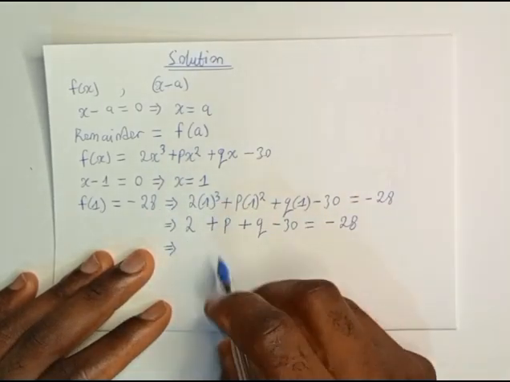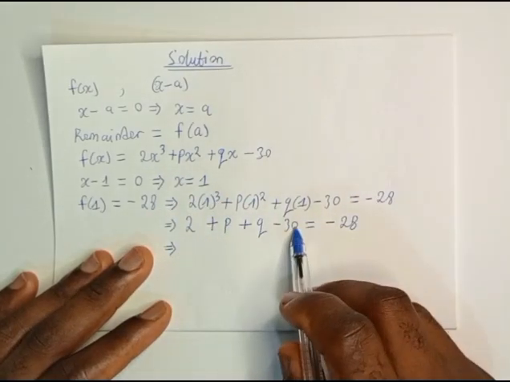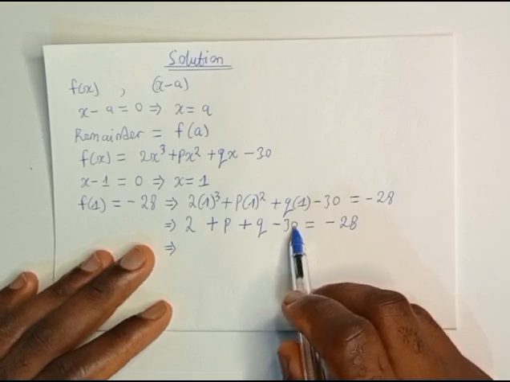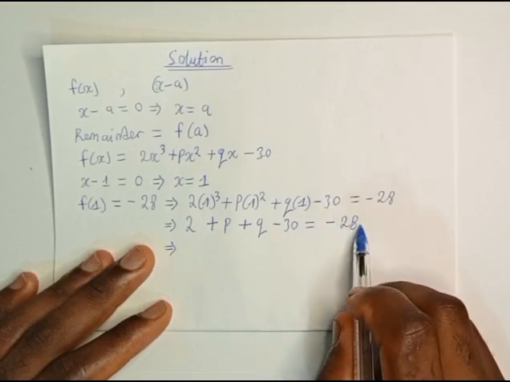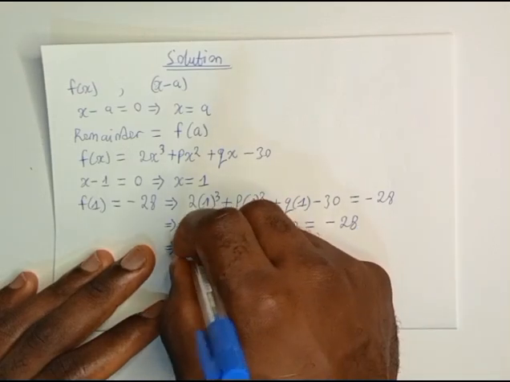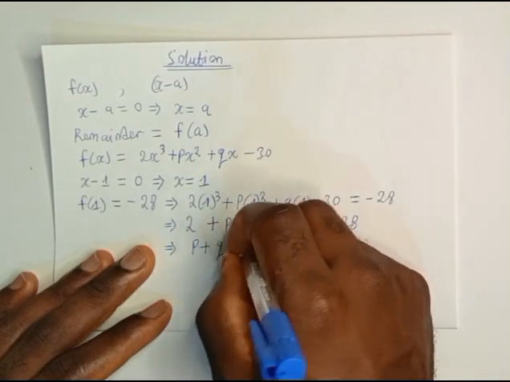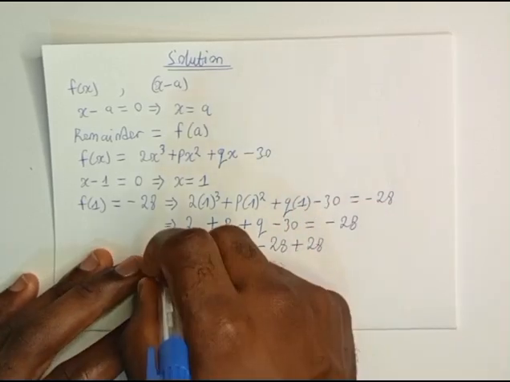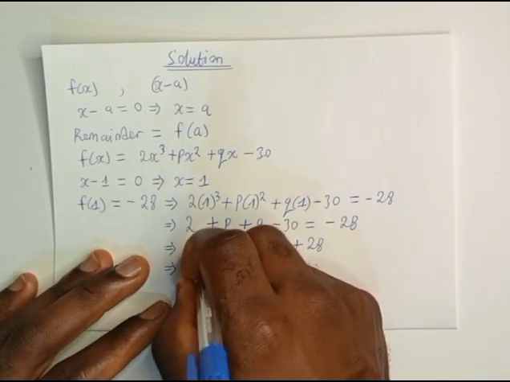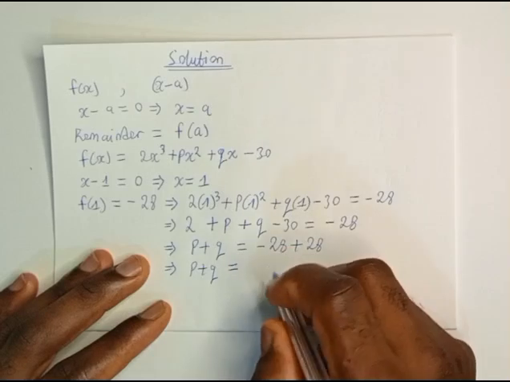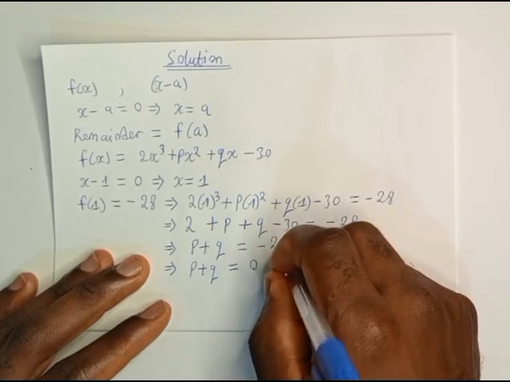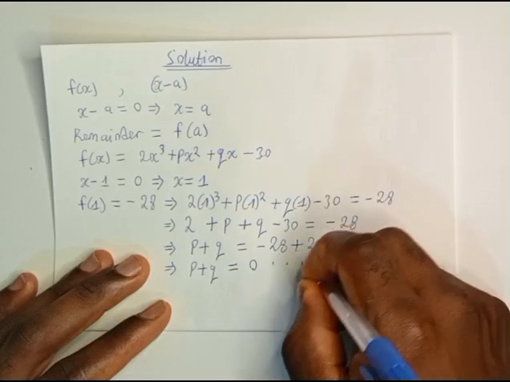Then 2 minus 30 gives us negative 28. We carry negative 28 to the right hand side, it becomes positive. We're left with p plus q equal to negative 28 plus 28, which gives us 0. We call this one equation 1.